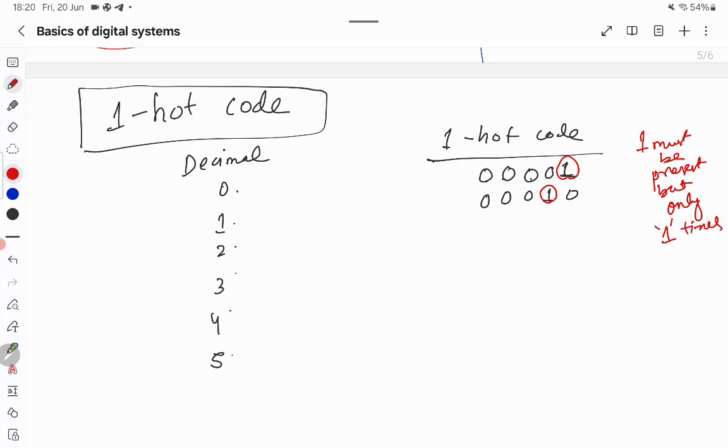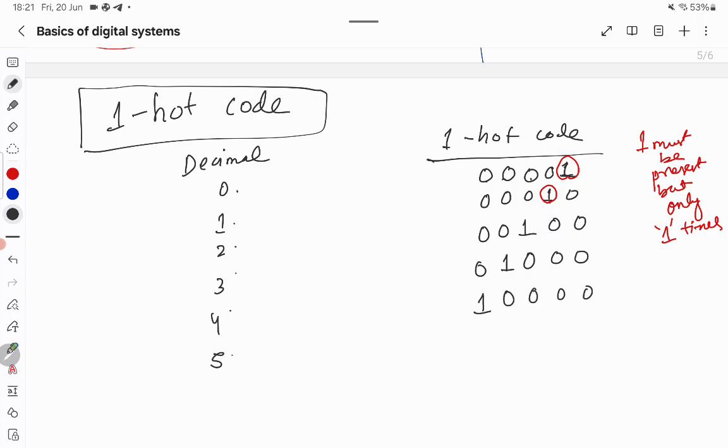So 1 will be only one time, not more than one time. So 2 can be written as 0 0 1 0 0. And the next will be this one, right? So this one will be 1 0 0 0 0.